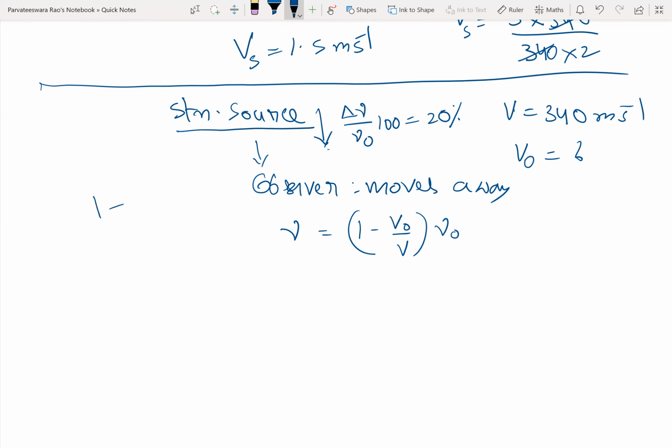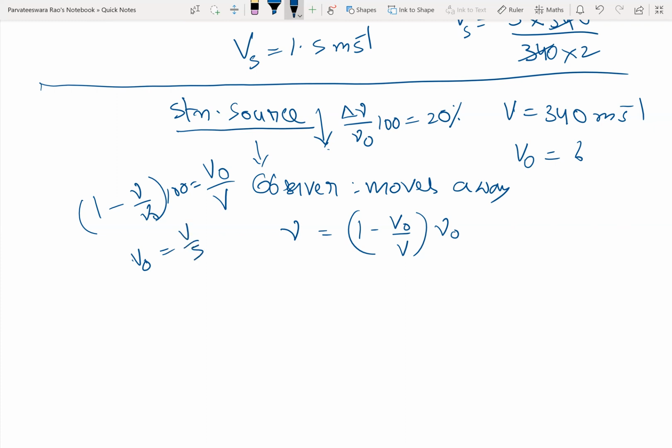So 1 minus nu by nu naught into 100 will be V naught by V. So 20% means 1 by 5.